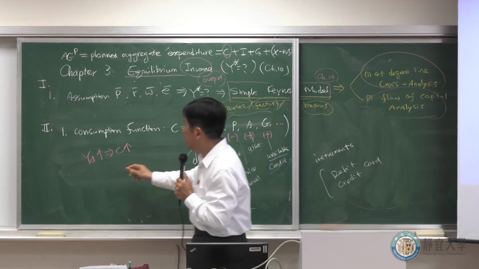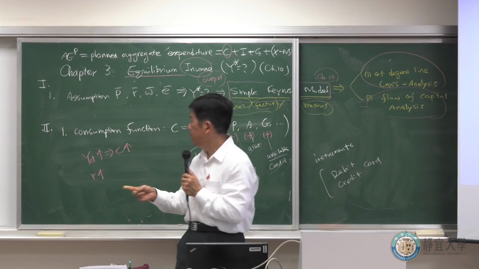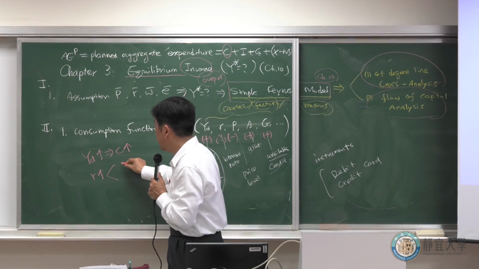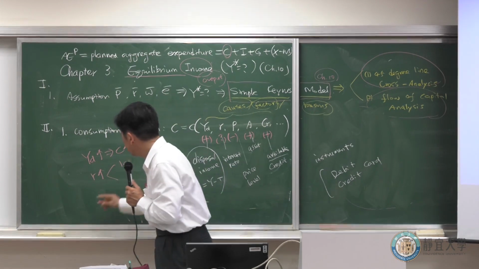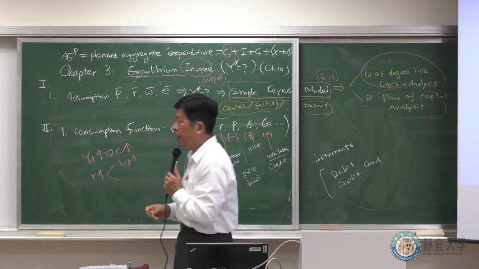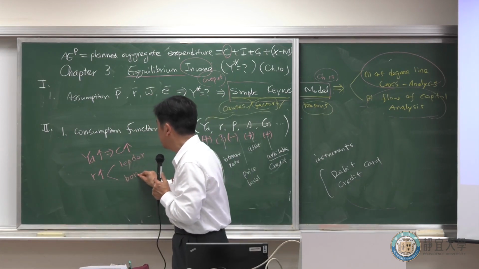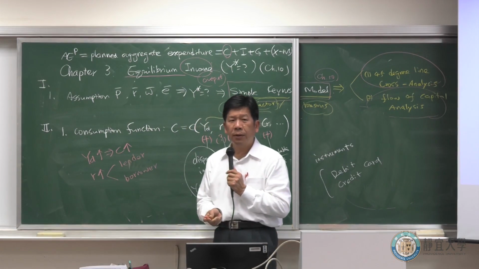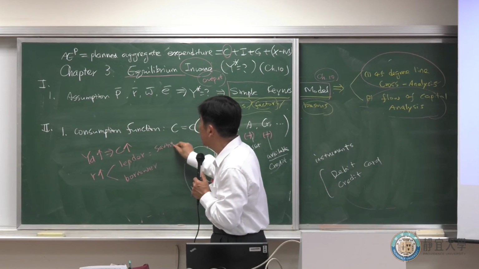And here, when the interest rate increases, some people may be a lender, or a borrower. A lender means they do some savings.